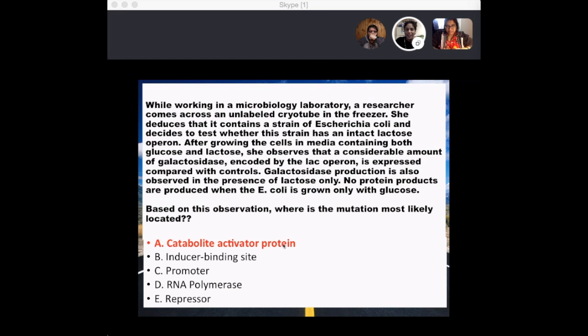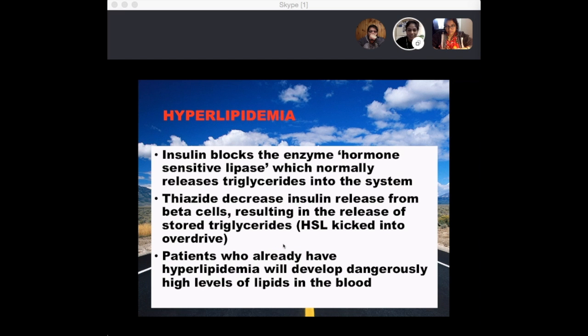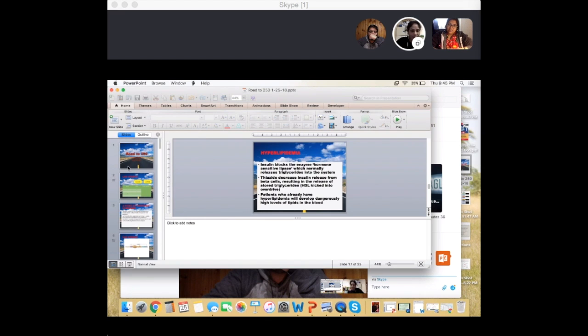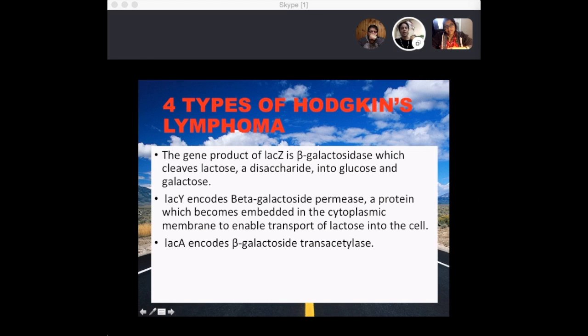Okay. One quick thing I thought about that I forgot to mention, since we ran over that one question, was this slide. I don't think it's so high yield, but just to go over it, I found this information last minute about what exactly LAC-Z, LAC-Y, and LAC-A encode for. LAC-Z encodes for beta-galactosidase, which serves the purpose of cleaving lactose, a disaccharide, into glucose and galactose.